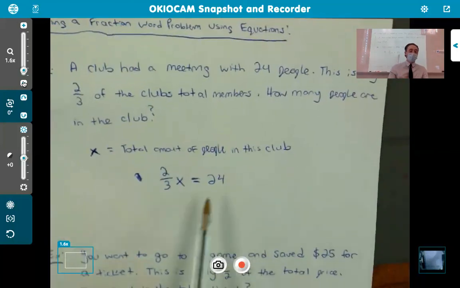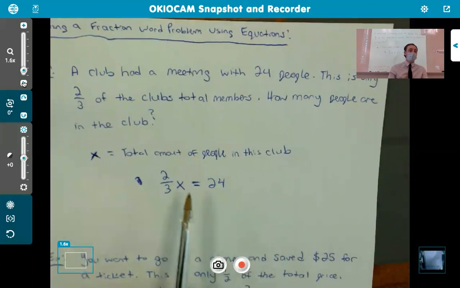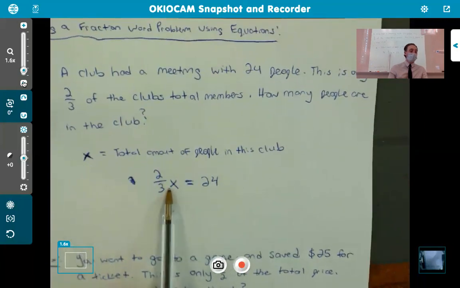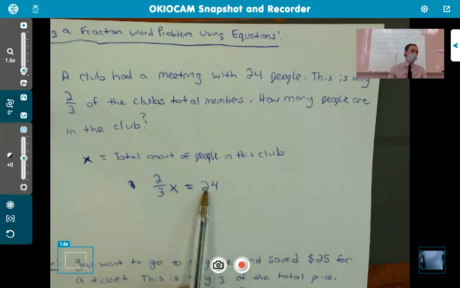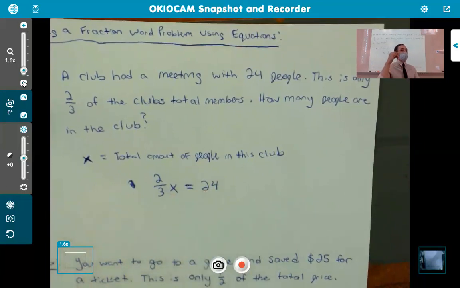If 24 people are there, and I know that that's 2/3, then 2/3 times the total amount is 24. So I've taken a word problem and created an equation to help me solve for my unknown variable.